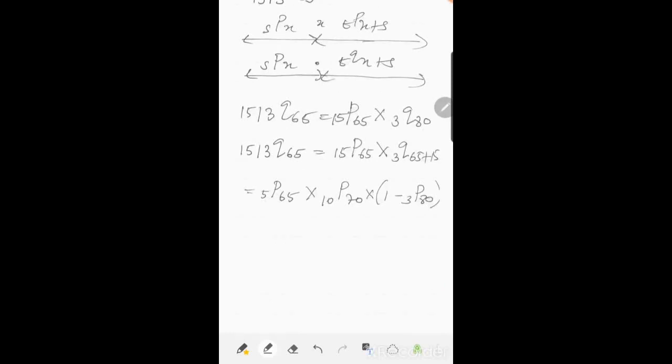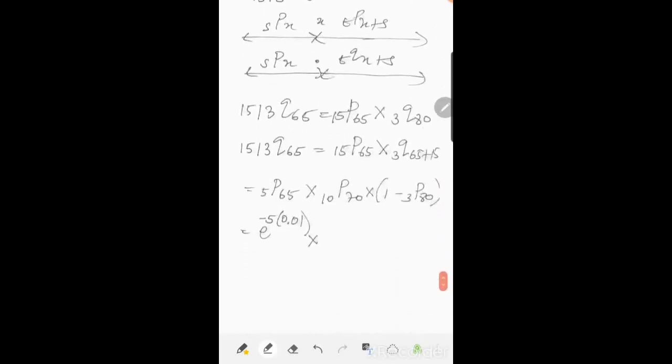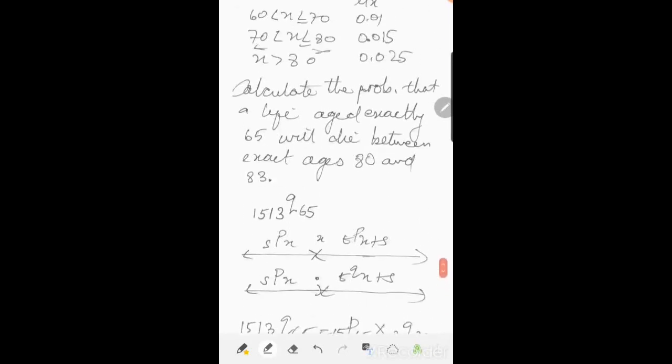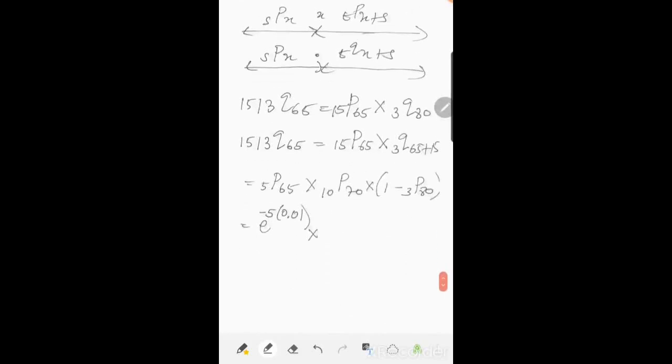So for the first one, we have e to the power negative 5 times the force of mortality, 0.01. Then for the second one, we're going from 70 to 80, so our t is 10, and our x is 70.